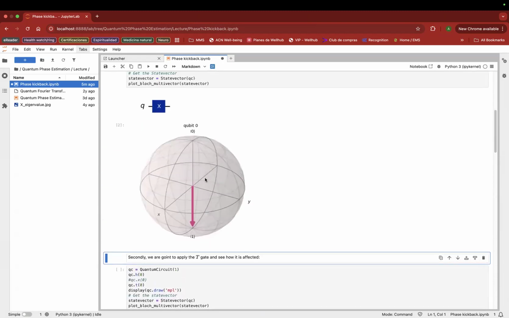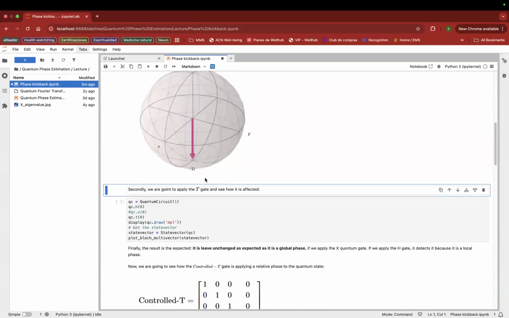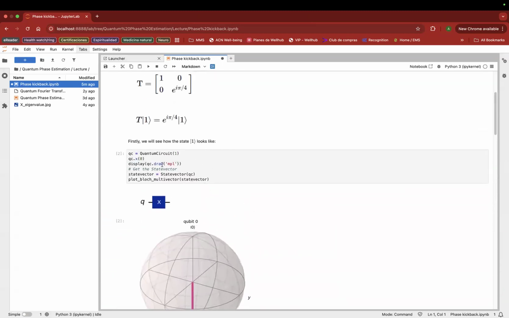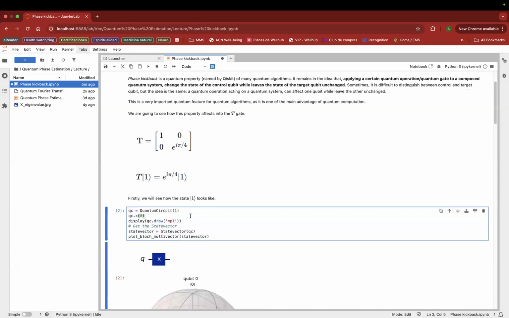Sorry, this is X, but let's apply T. No, sorry, this is correct.